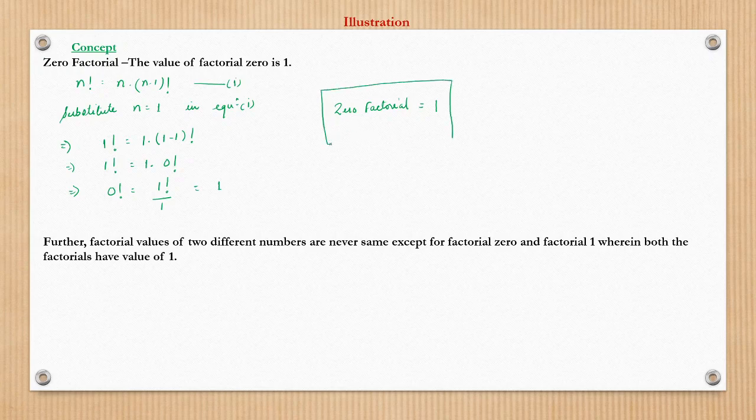Though factorial is defined only for positive numbers, 0 factorial also we know, and 0 factorial is nothing but 1. This we have derived. Now you may wonder why we don't go for negative numbers.